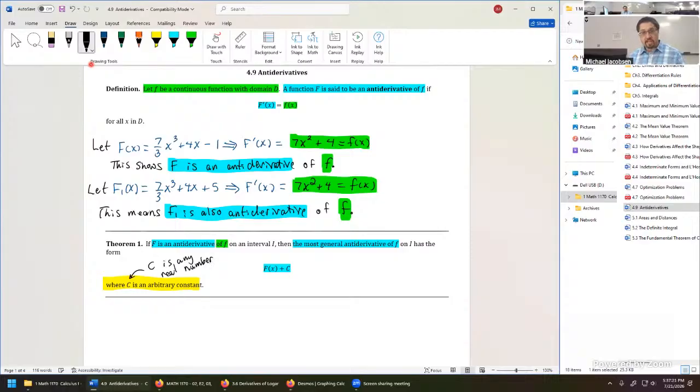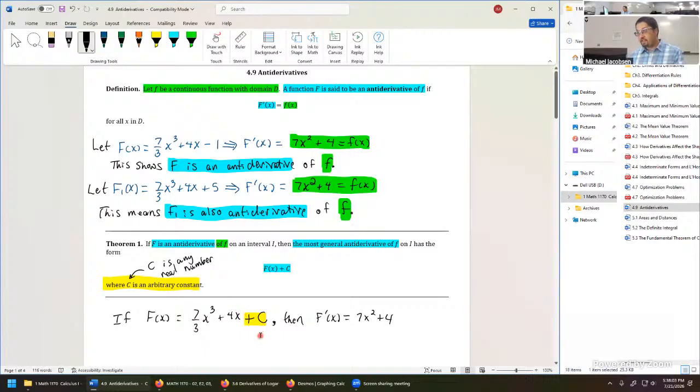So if we allow that symbol to be any constant, any real number whatsoever, then we can write down just one answer. It's really an infinite family of different functions, but we can now say if F of x equals 7/3 x cubed plus 4x plus the arbitrary constant c, then F prime at x, same derivative, third time really, gives us 7x squared plus 4.